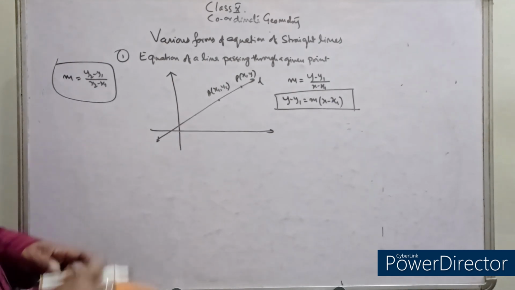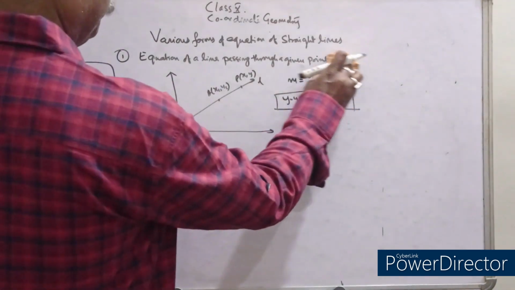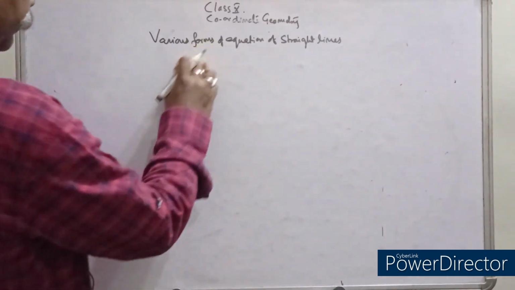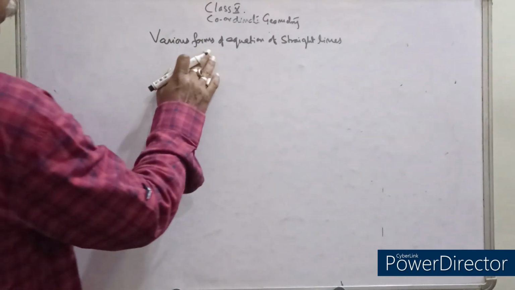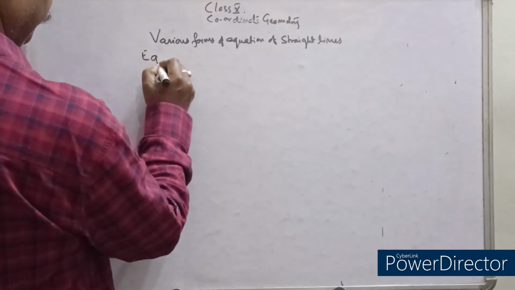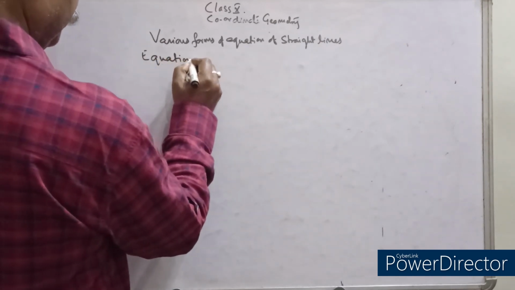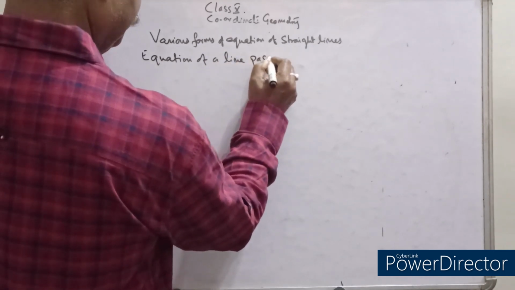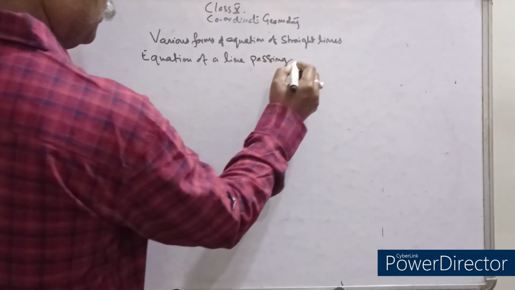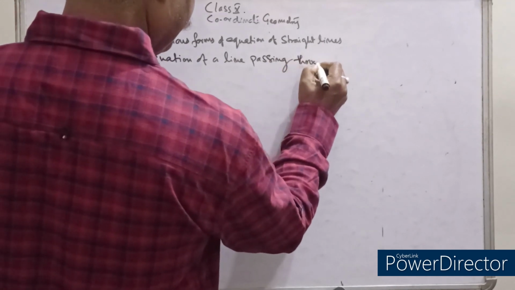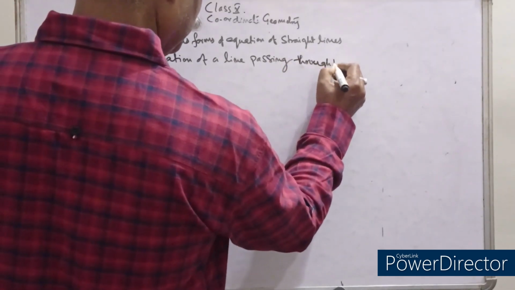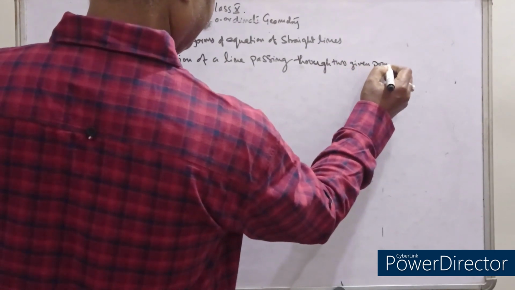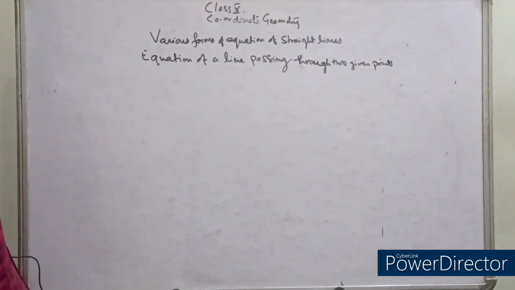Now the equation of a line passing through 2 given points.